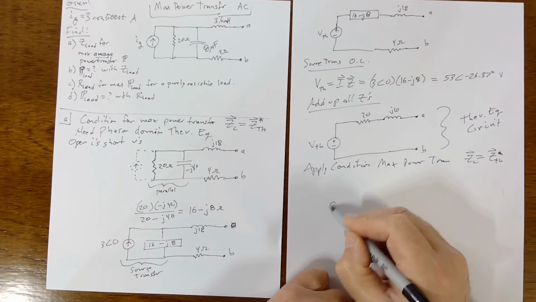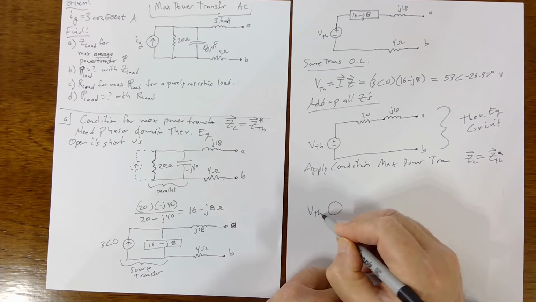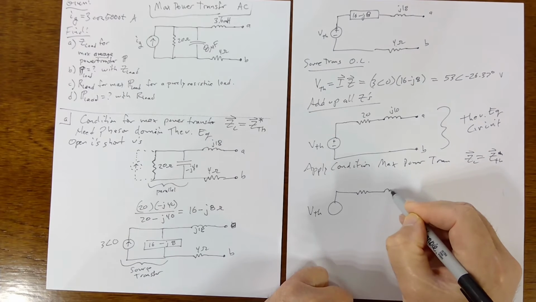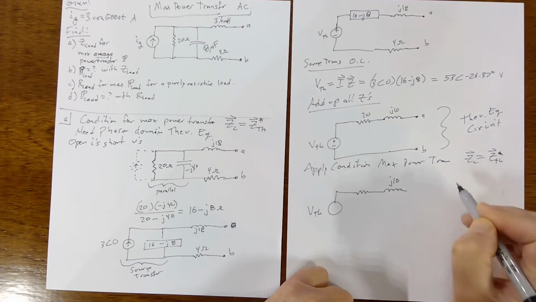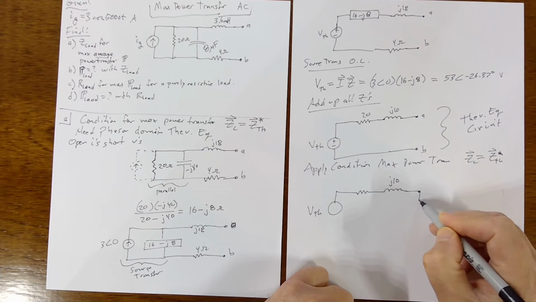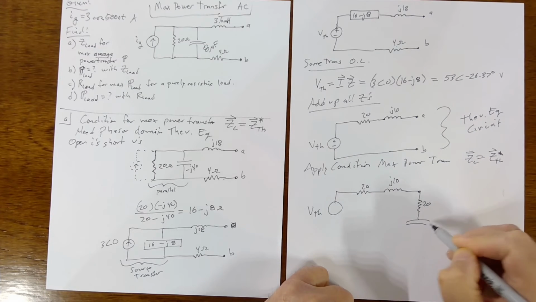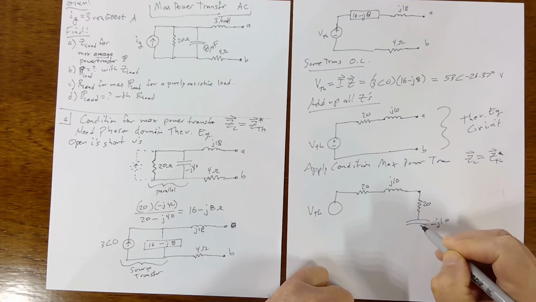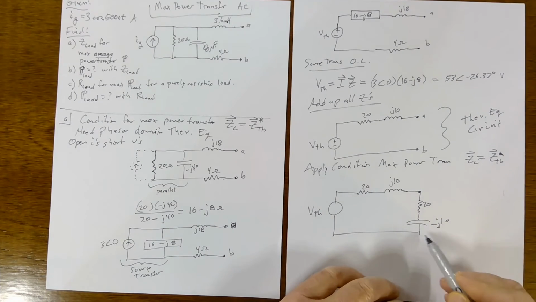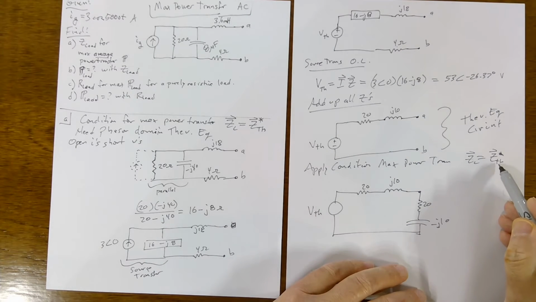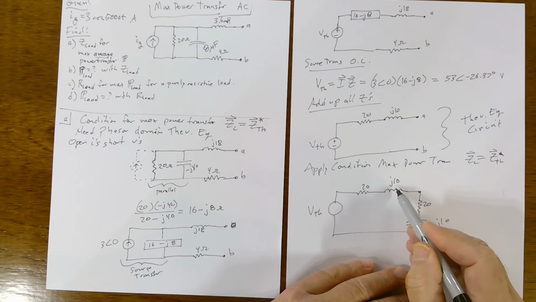So this thing here, what appears to be a J10 inductor, we want to cancel that out with a minus J10 cap. Then that's this conjugate thing, right? This is 20 plus J10.